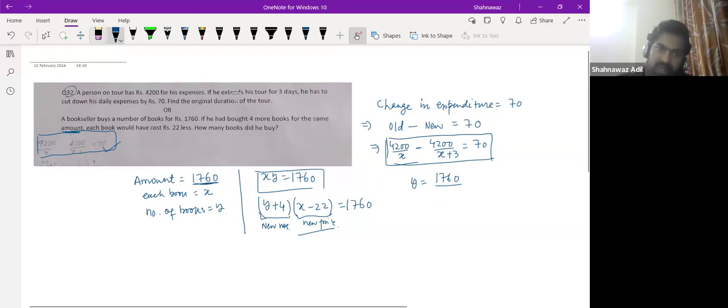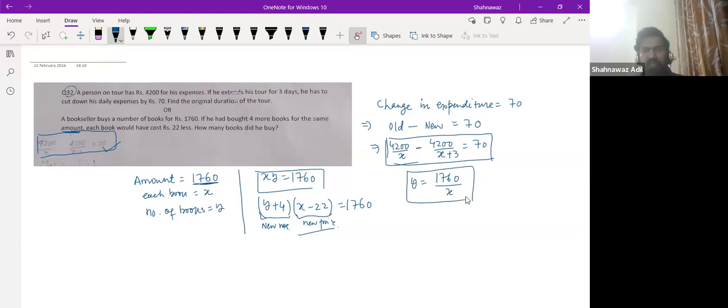We have to calculate. The number of books is 1760 by x, right? Now what we are doing is the change in number of books. What is the change in number of books?